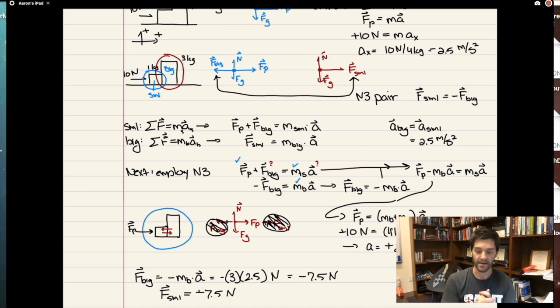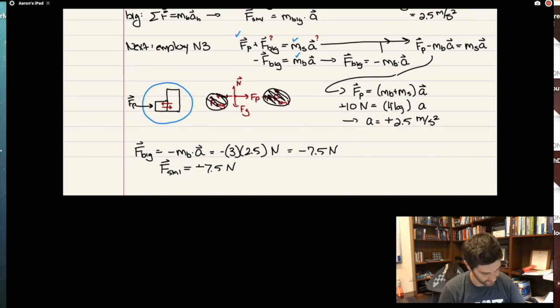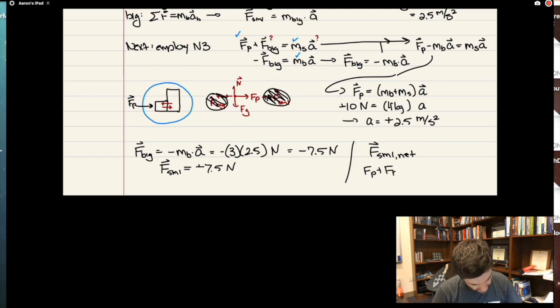And then notice that also means the net force. What is the net force on the small block? F net, F small net, say. Then looking up above, we said that was F push plus F, the force from the big block. That was the sum of the forces on the small block. But that's plus 10 minus 7.5 newtons equals 2.5 newtons, pointing to the right.